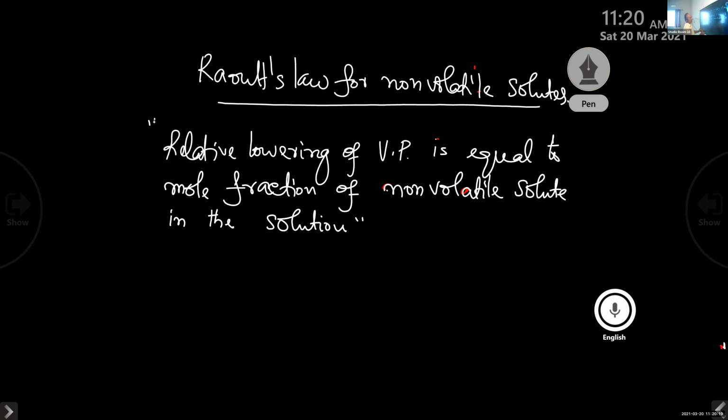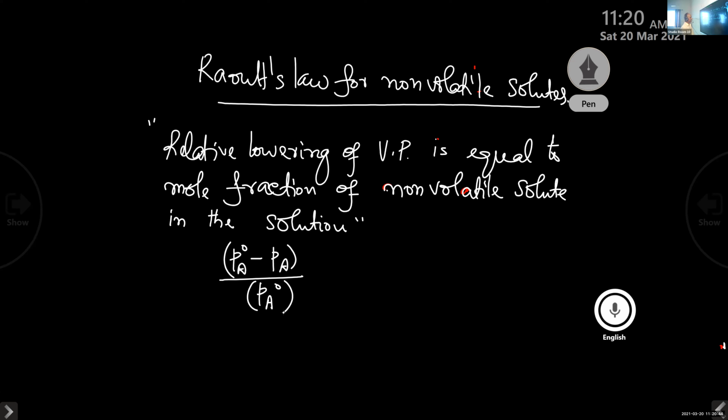So we can write the relation like this. You know what a relative lowering is? Relative lowering is equal to PA0 minus PA by PA0, that is relative lowering of vapor pressure.